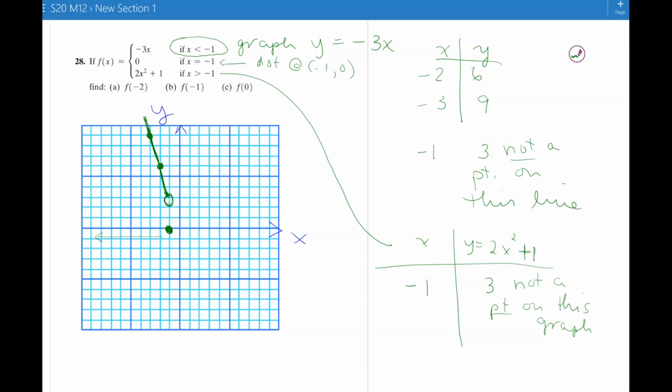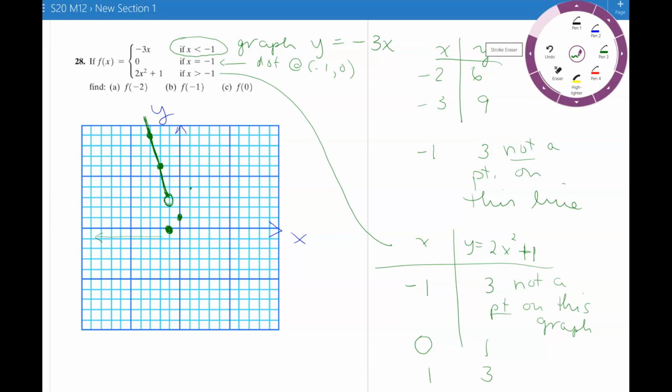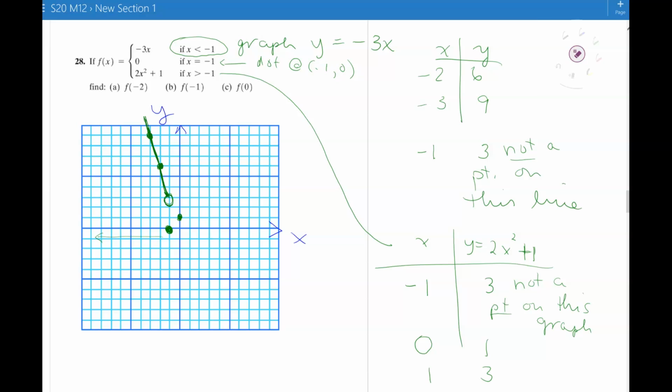But let's see where the graph goes. If we put 0 for x, we're going to get 1, so the point 0, 1 is a point on the graph. And then the point 1, 3, and then 2, 9.